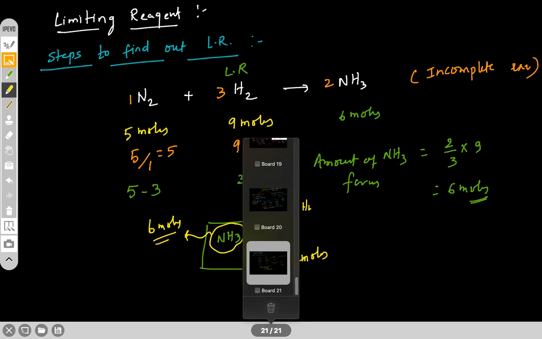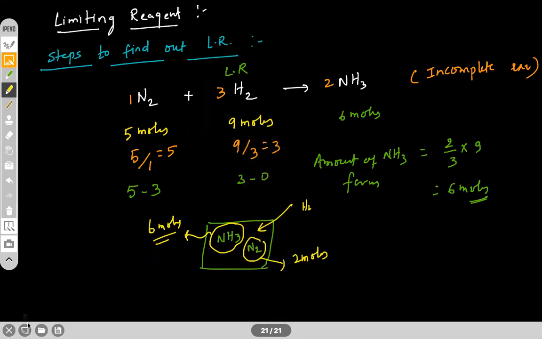One small question we'll discuss, and then we'll wind up the session. See this one. We have a reaction X plus Y plus Z giving X3Y5Z6. This is the reaction given.